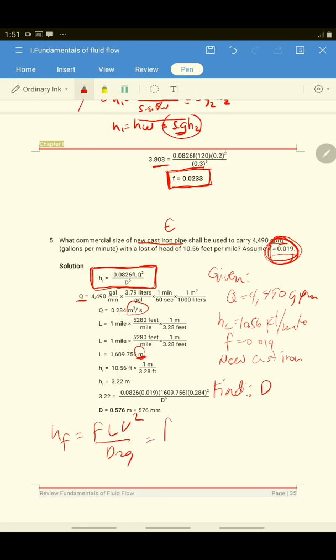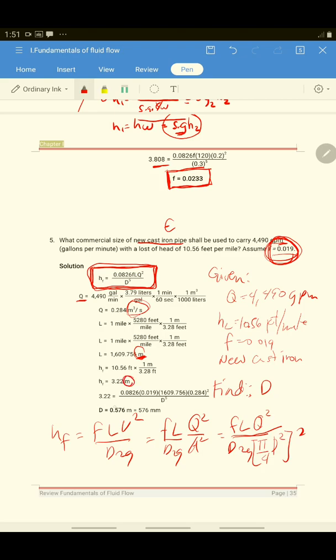What you have is only Q: Q squared over A squared over D2g, so fL Q squared over D2g times pi over 4 D squared. So it's okay to use this in English. If you use English, your Q must be in English and your length must also be in English. But you have to be consistent with your units.